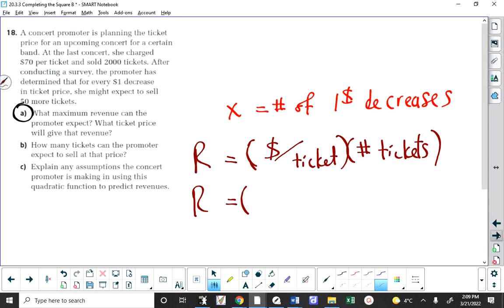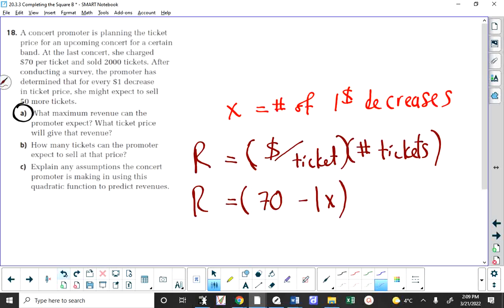So it was $70, but we are decreasing by $1 for every X. And the reason why I didn't just write minus X goes again back to this, that if this said $2 decrease, this would be a 2, and this would be a 2. It doesn't, so it isn't. But if it were, it would be.